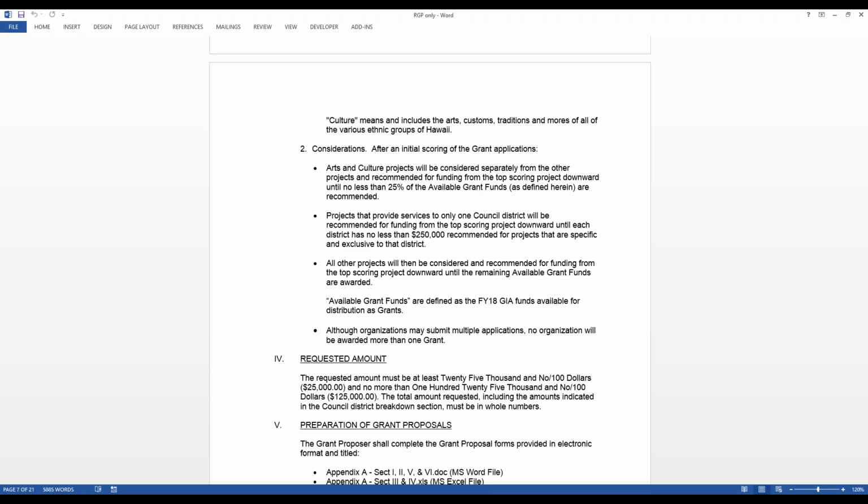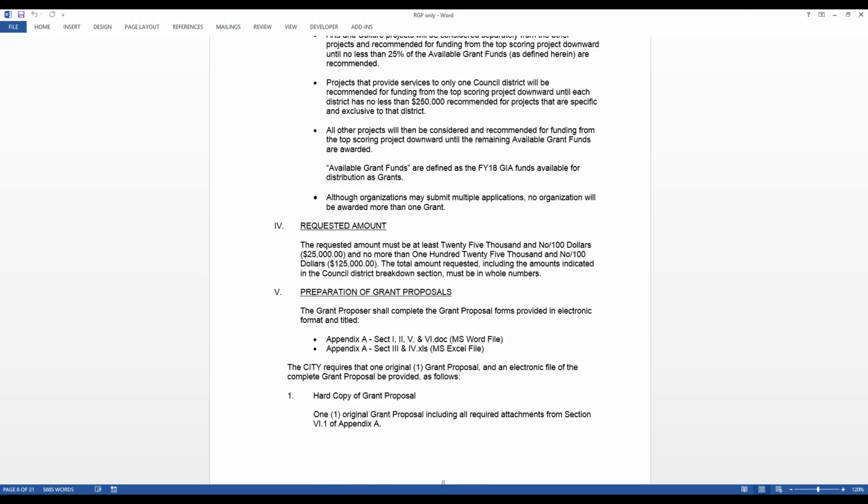As an organization, you may submit multiple applications, but no organization will be awarded more than 1 grant. So again, multiple applications are accepted, but only 1 application per organization may be awarded. Next, very important also, you may submit your grant application for a minimum of $25,000 and up to $125,000.